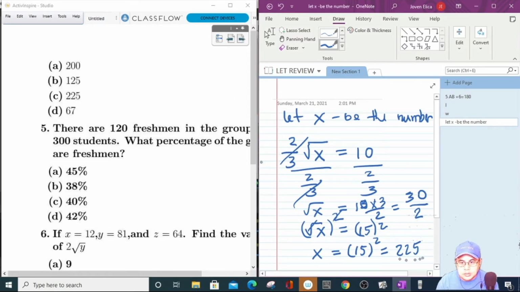The answer is letter C. All right, letter C.